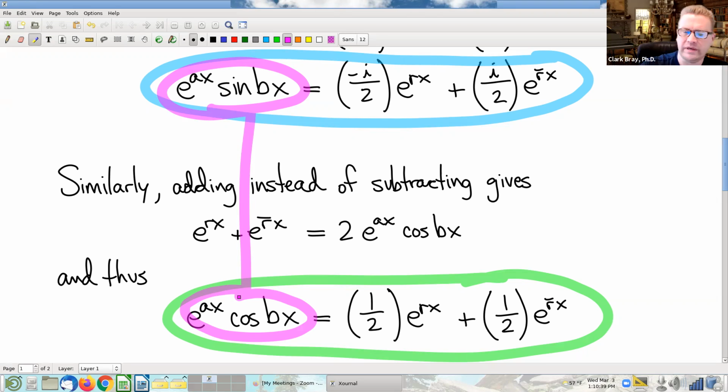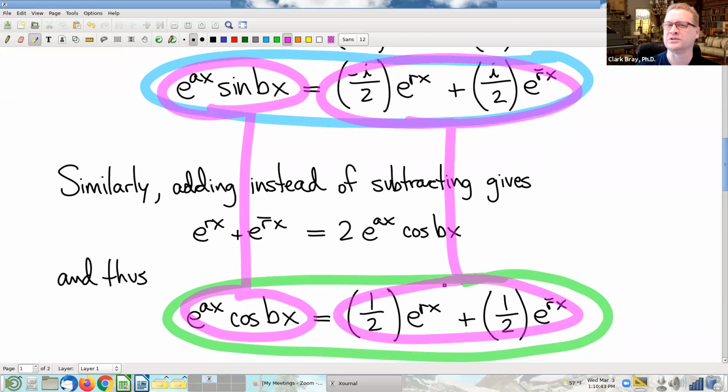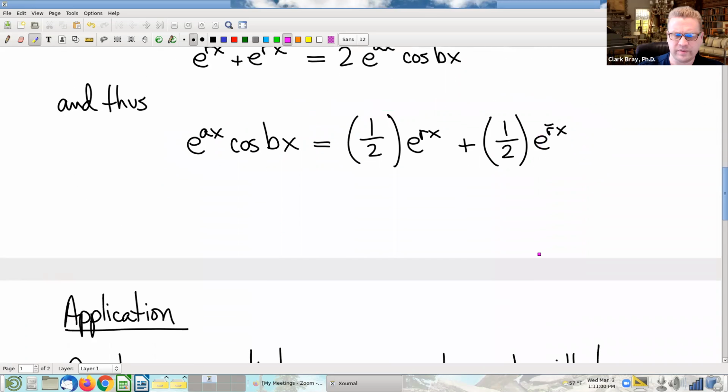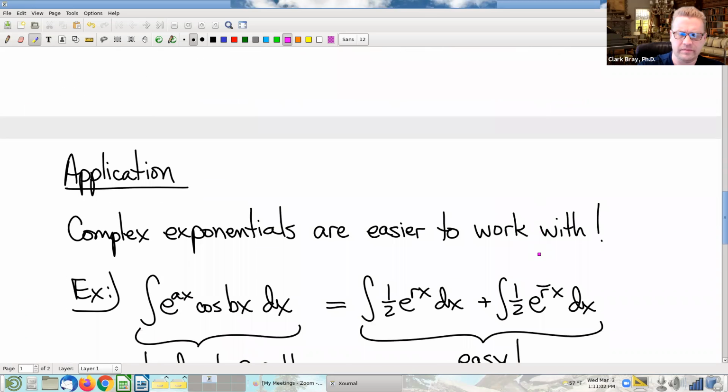And we can turn them into just plain old exponentials, which are very easy to deal with in many cases, and very easy derivatives, very easy integrals. And this is a big win. Okay, so I'm going to show you some examples of how this can be useful on the next page. Again, complex exponentials are easier to work with, is the point here.